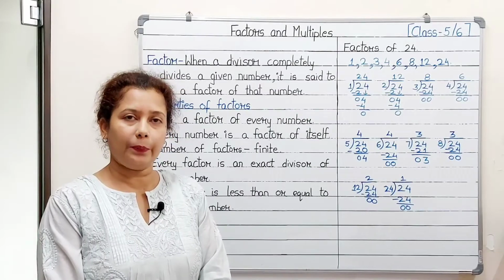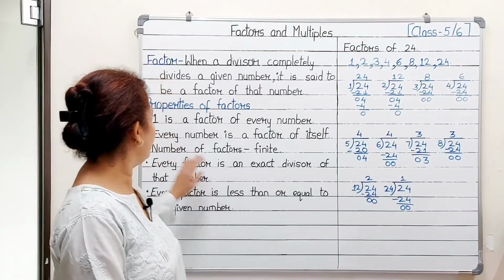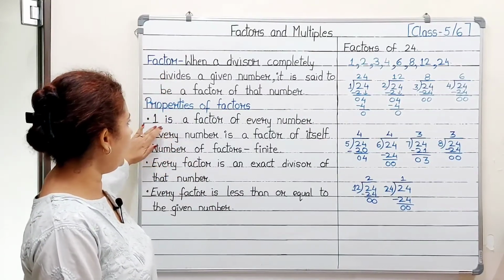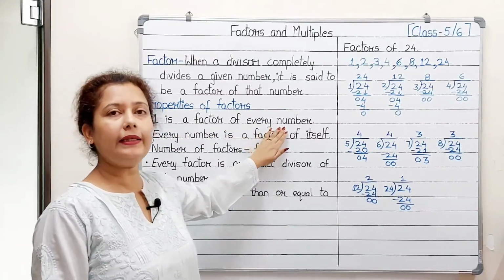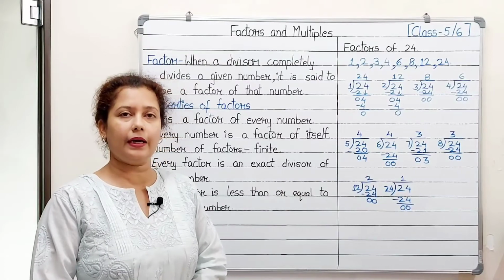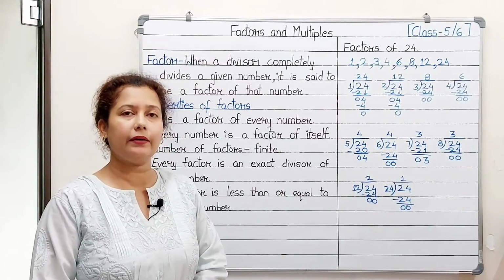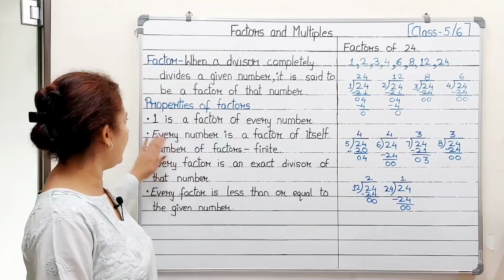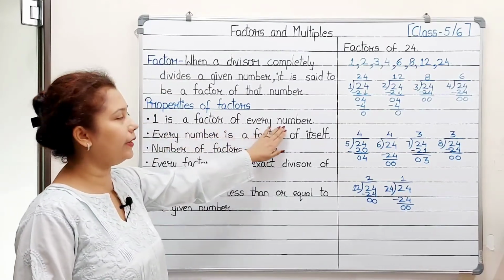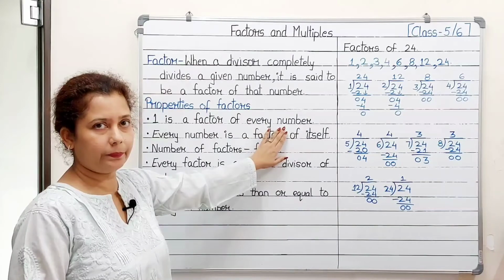Now we will see the properties of factors. The first property is that 1 is a factor of every number. One can divide every number completely, leaving 0 as a remainder. So here we say that 1 is a factor of every number.